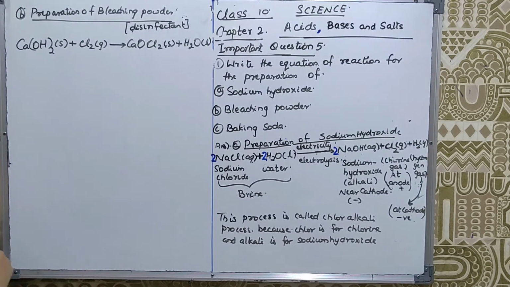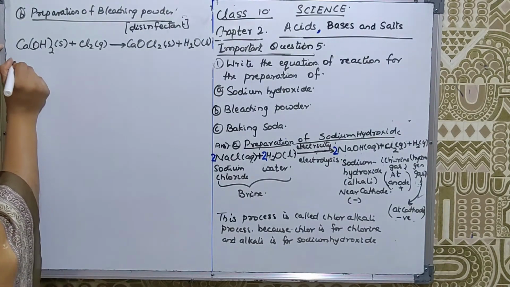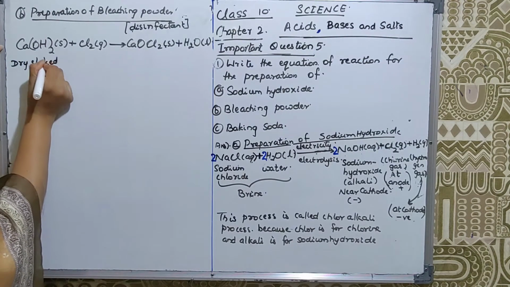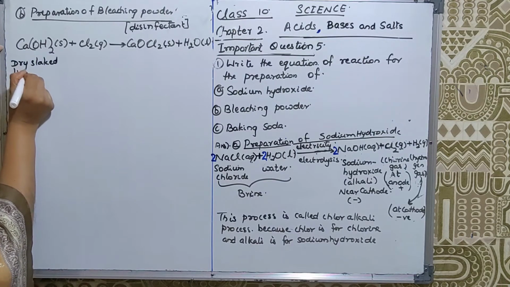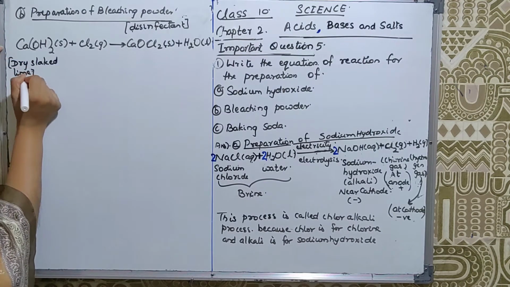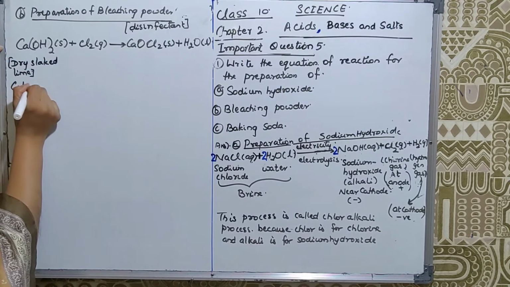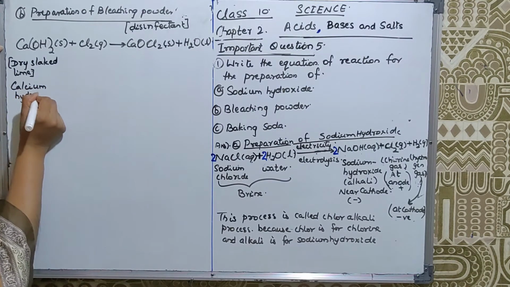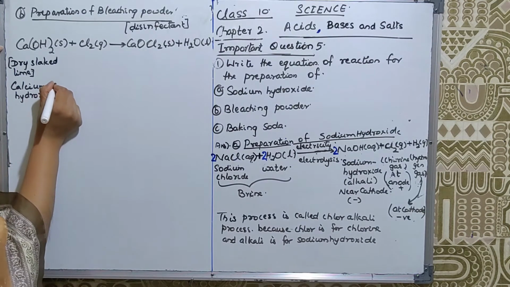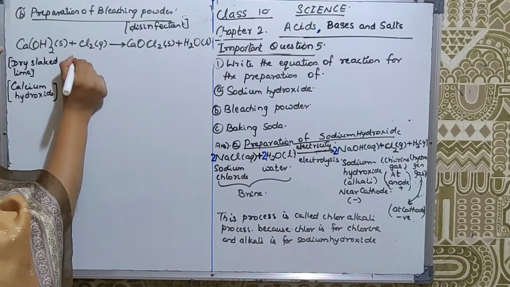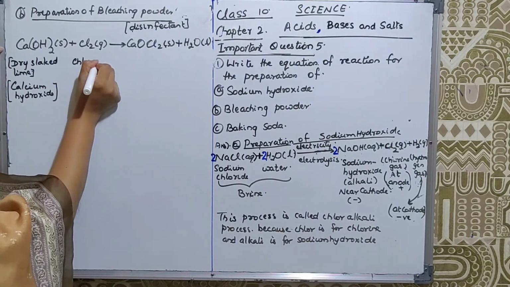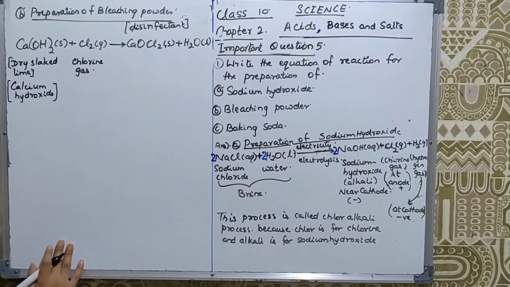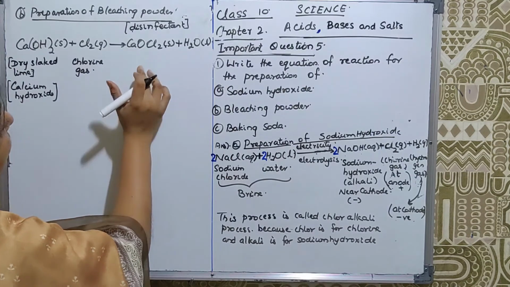Now here, dry slaked lime. The chemical name of dry slaked lime is calcium hydroxide only. When chlorine gas is passed over dry slaked lime, we'll get calcium oxychloride.